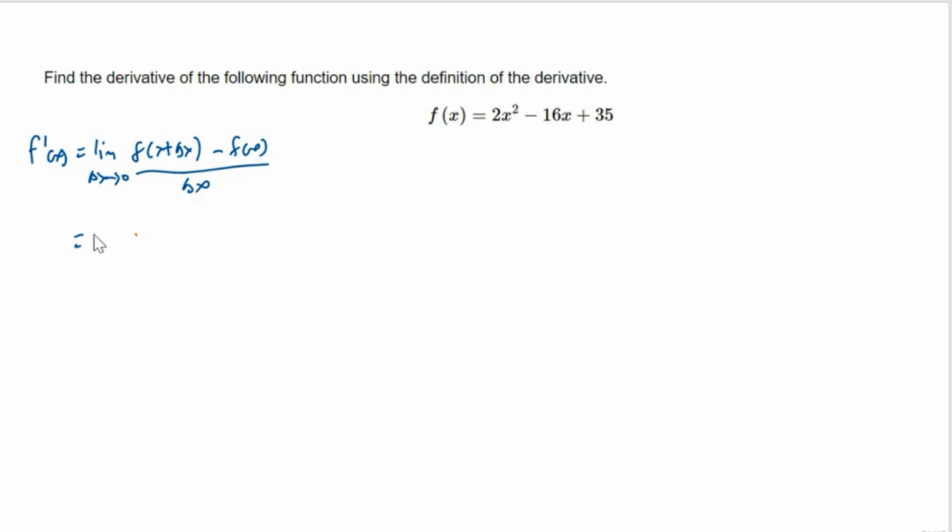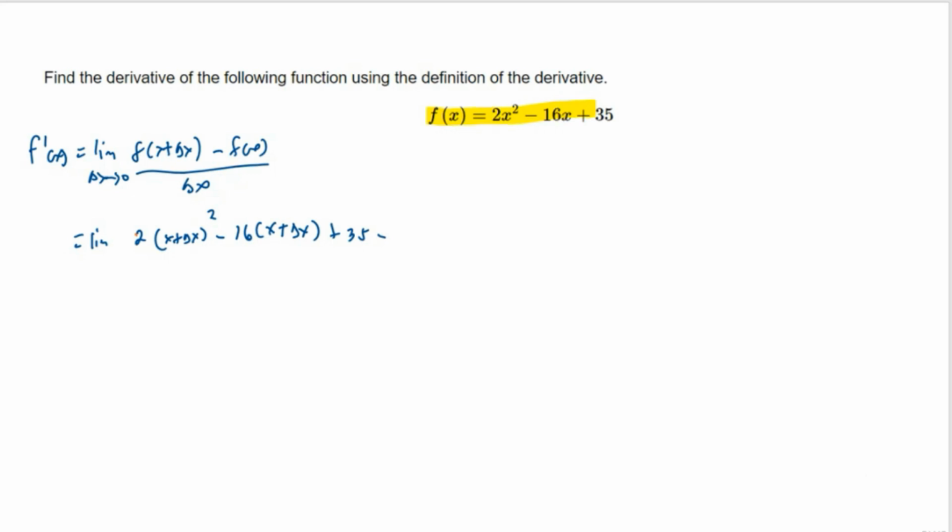Writing that, we have the limit of 2 times, replacing x by x plus delta x, to the power of 2, minus 16 times x plus delta x, plus 35, minus the second term in the numerator, f of x, which is the given 2x squared minus 16x plus 35.